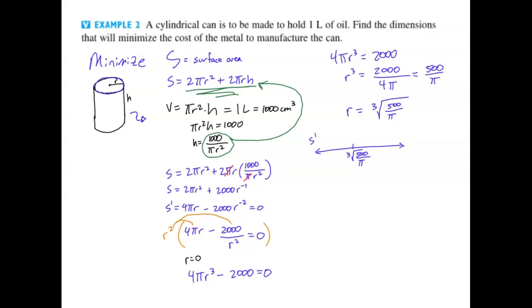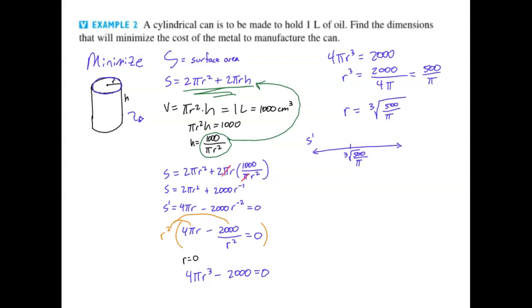This is one where it's much easier to use your calculator probably, because S prime isn't like a nice function down here. It's not easy to just do in our head and plug in values, so I'm going to utilize my calculator for this one. But here's what we do know. We do know that S prime is 0 at that weird critical value, which I don't know what that is off the top of my head. We need to choose a number to the left and to the right of it.